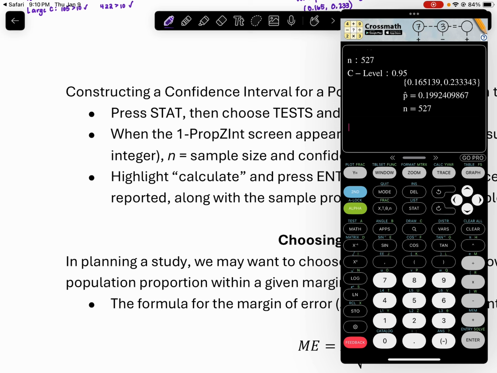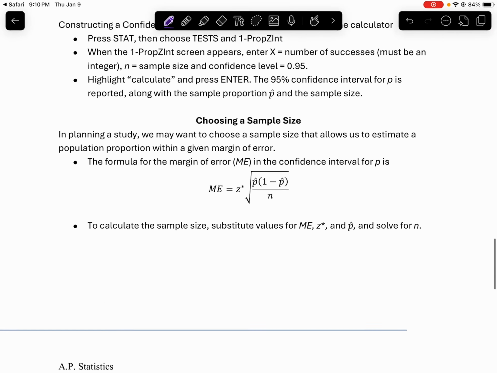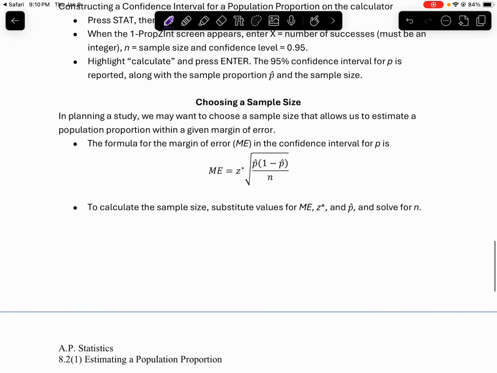All right, so last thing is choosing our sample size, because sometimes our sample size won't be given. If we are choosing to do a study, we have to make sure that our sample size is large enough. It says we may want to choose a sample size that allows us to estimate a population proportion within a certain amount of margin of error.